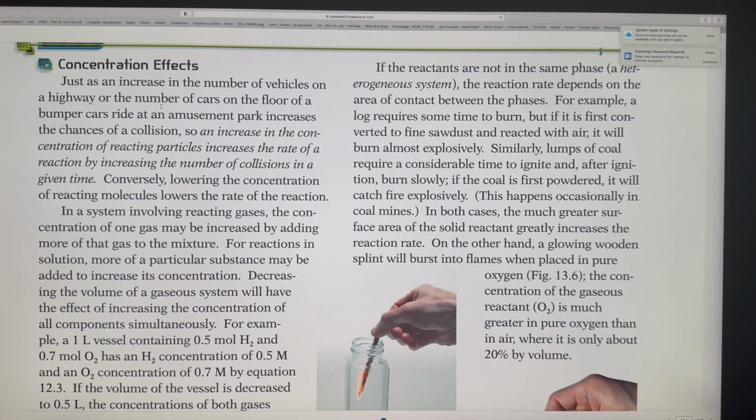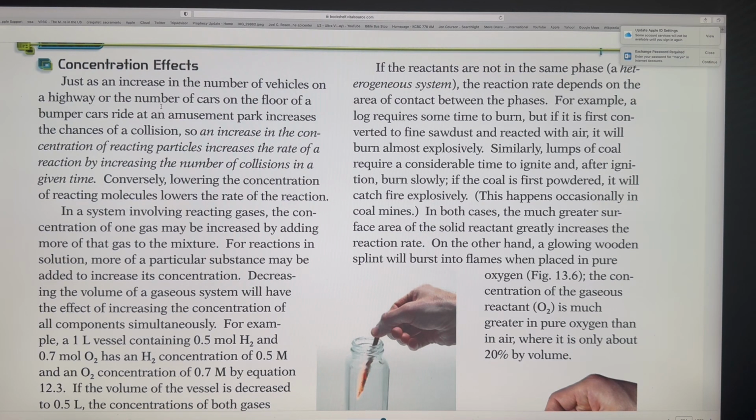So more concentration, more atoms, they're going to collide more often, right? And increase the reaction rate. And conversely, if you have a low concentration, not very many cars on the road, you have less chance of crashing into each other. Same with atoms.